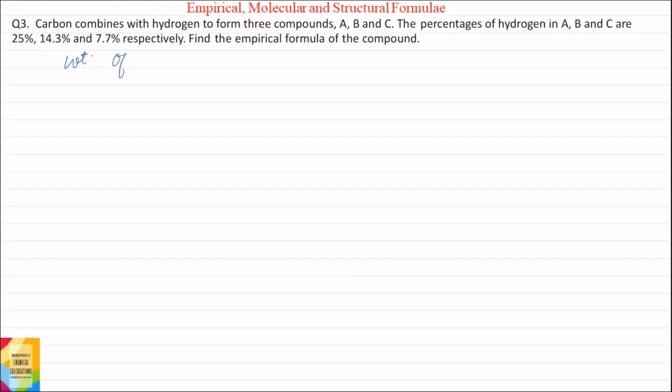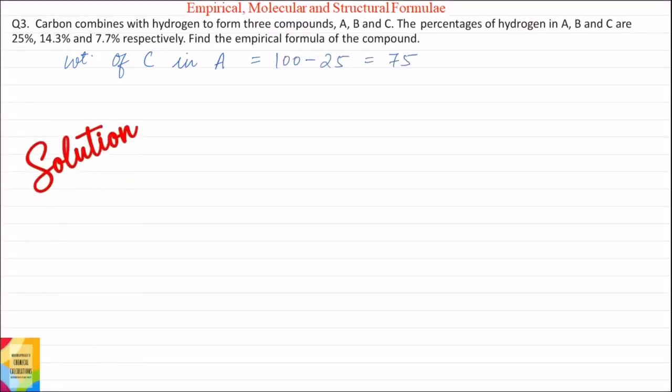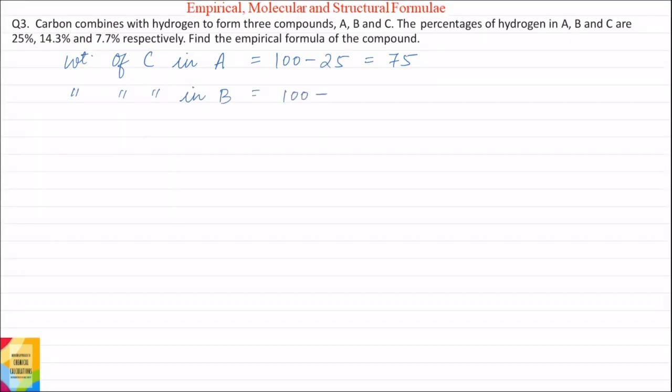So if the weight of the compound is 100 grams, then weight of carbon in the compound will be 100 minus the weight of hydrogen. Weight of carbon in B is equal to 100 minus 14.3, which is equal to 85.7 gram, and weight of carbon in C is equal to 100 minus 7.7, which is equal to 92.3 grams.